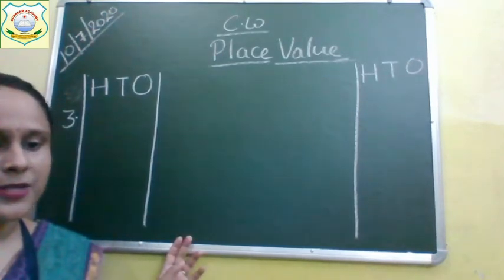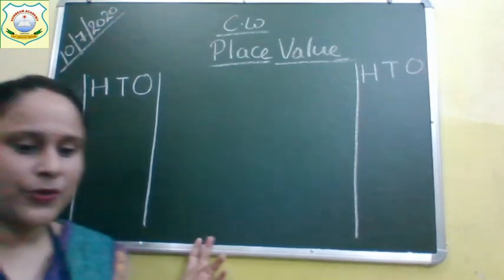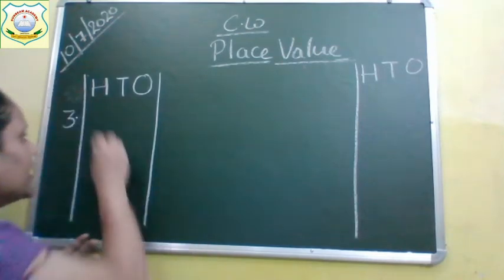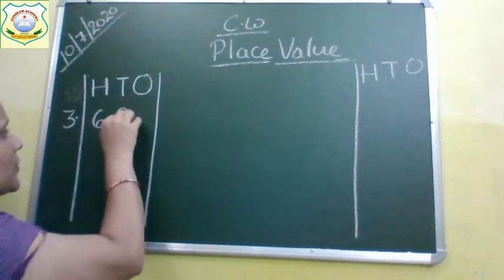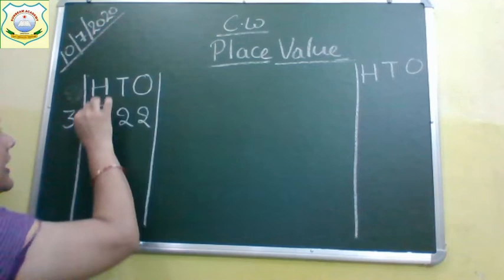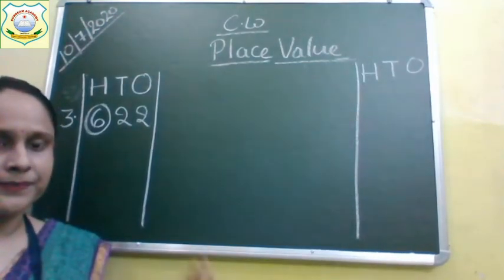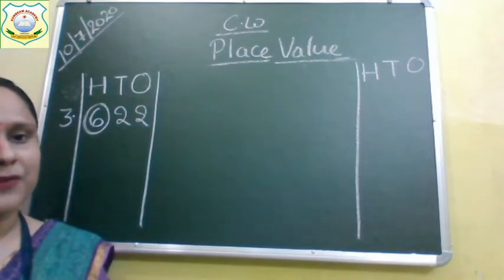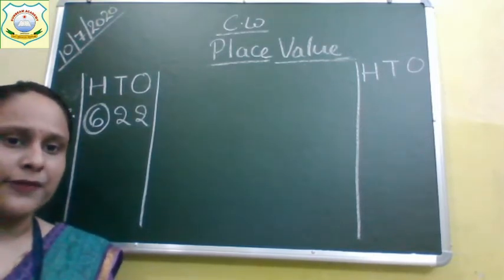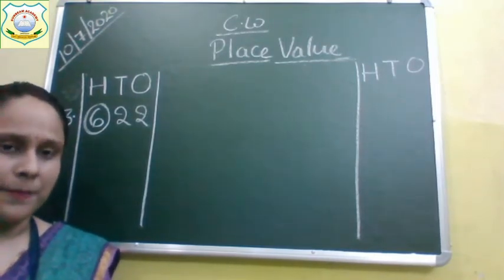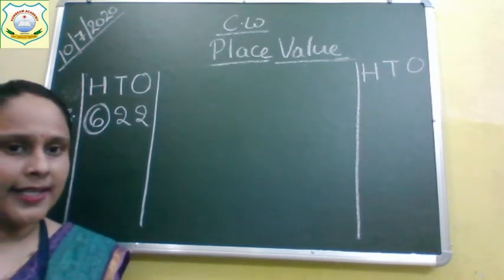See the third question. The question given to you is 622, where 6 is the circle number. Now, what do we have to see in the question? We have to see which number is the circle number.